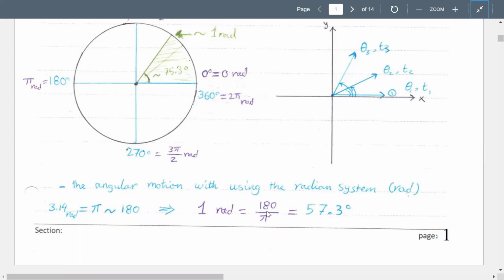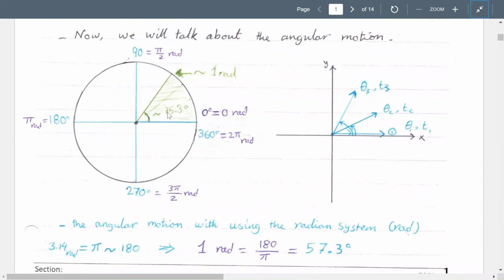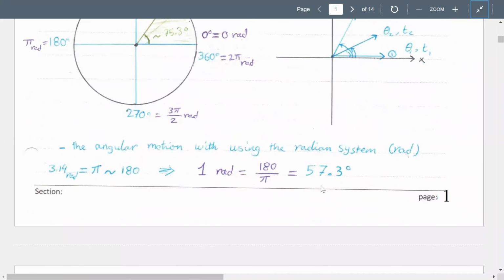We can compute that by taking 180 over pi, which is equal to 57. This is a typo. It is 57, not 75. Yes, this is an error here. It is 57.3. Okay, I'm sorry about this. I will change it.